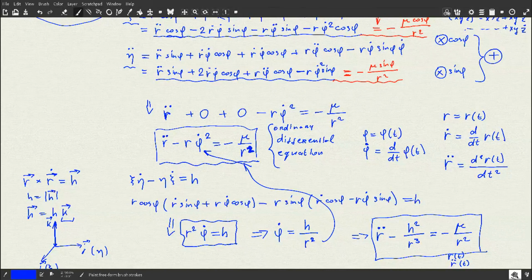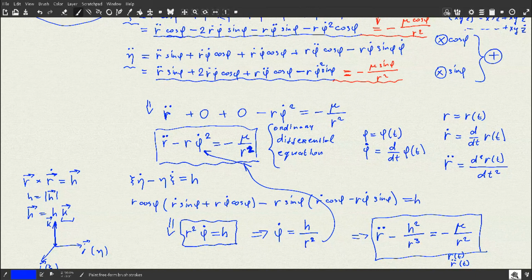So this is an ordinary differential equation which connects the radius vector itself and its second derivative in time. We don't know this r of t yet, but as you will in 1 year know, this ordinary differential equation can be solved.